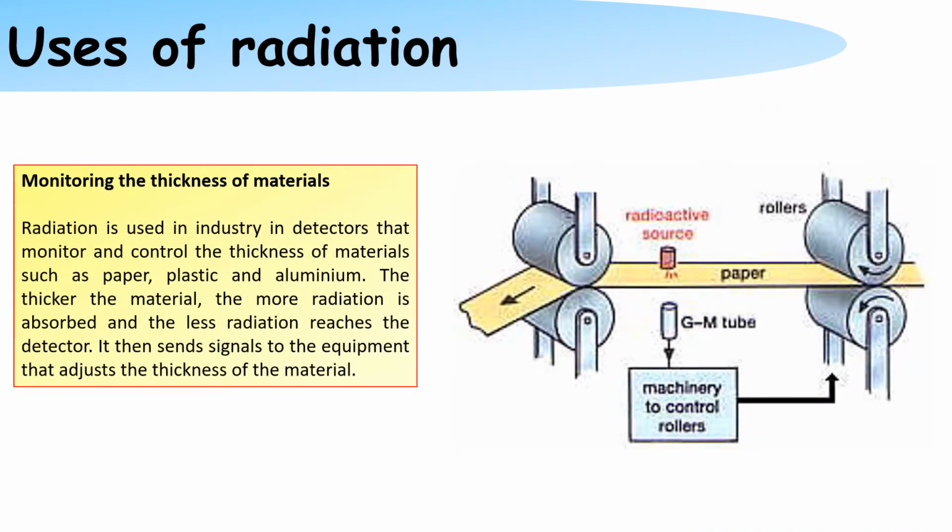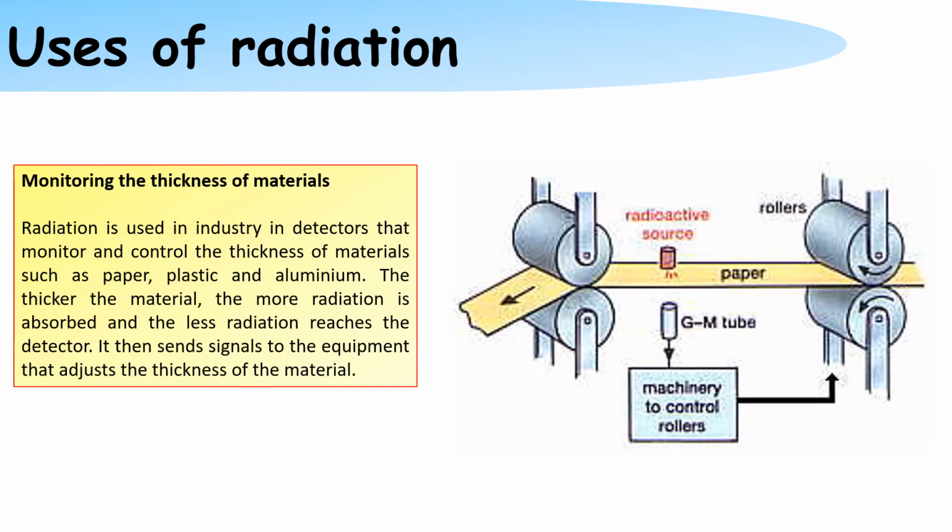We can use radiation to monitor the thickness of materials in industry. Detectors monitor and control the thickness of materials such as plastic, paper and aluminium. The thicker the material, the more radiation is absorbed, and the less radiation reaches the detector.